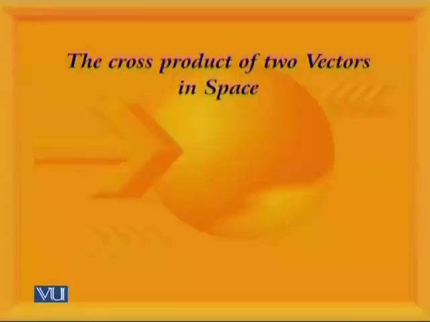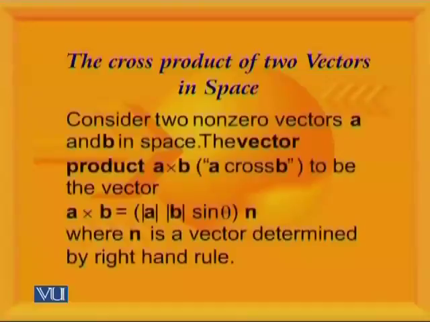Let us see on the screen. Here we can see that a cross b is equal to, as I have stated, magnitude of a, magnitude of b, sine theta, n, where n is a unit vector determined by the right hand rule. What is the right hand rule?